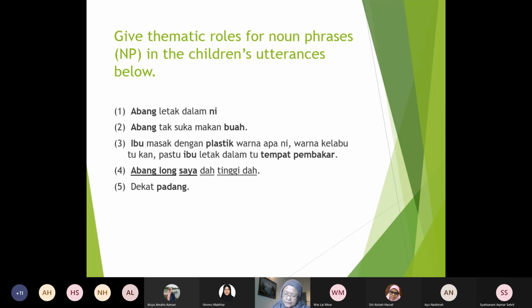Abang is the agent, so buah is an object. Buah is the object, kan?